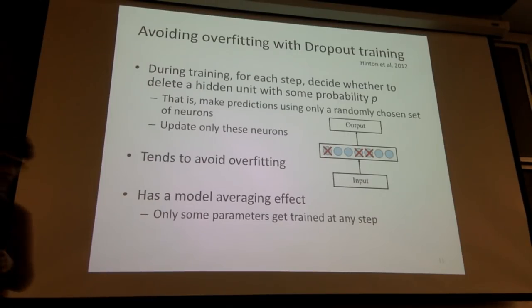What you do is you introduce a new hyperparameter, P, the delete probability. Remember, training a neural network has a forward pass where you make predictions and a backward pass which corrects the weights. When you do the forward pass, for every node in the network, independently with probability P, you pretend that that node is deleted.